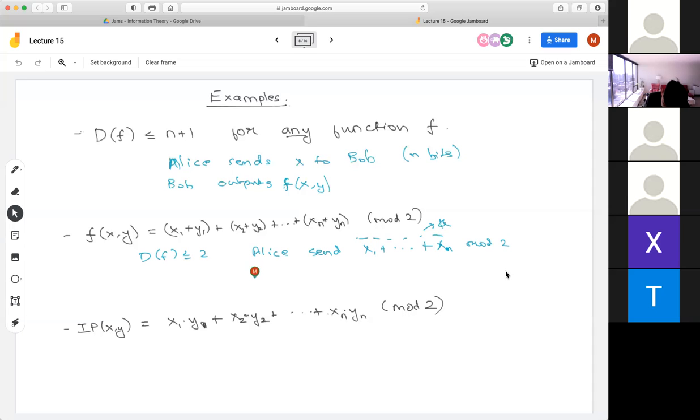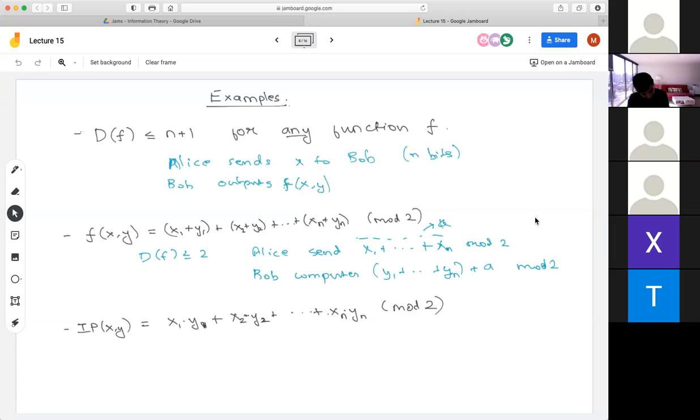Then Bob computes y1 to yn, which he already knows, plus A, and sends that back, which is equal to the value. Because addition is both commutative and associative, you can rearrange the brackets in any way.